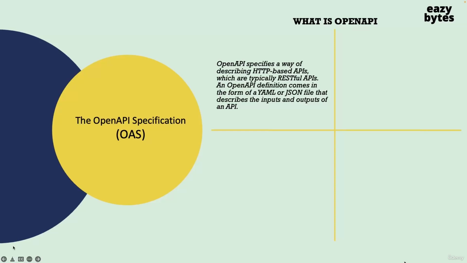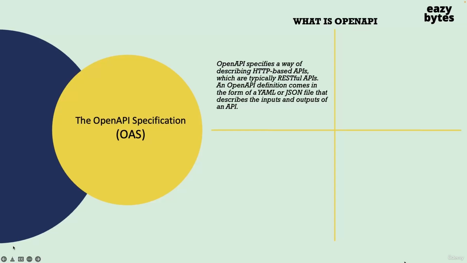When I say describing APIs, I can describe how my input structure is going to be, how the response structure of my API is going to look like, what are the mandatory fields, what are the length restrictions, what are the valid value restrictions. All those details I can define with the help of OAS. So that's the simple, smallest definition that you can provide.